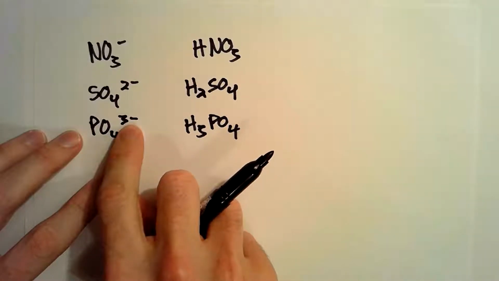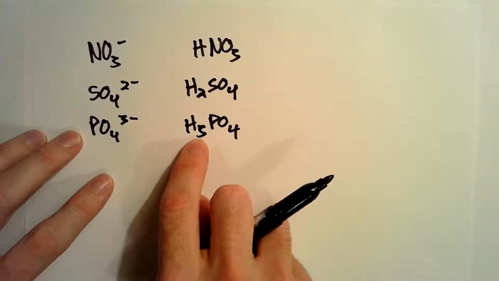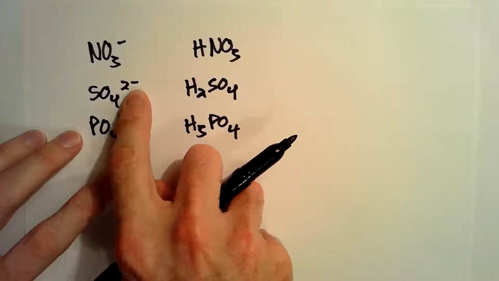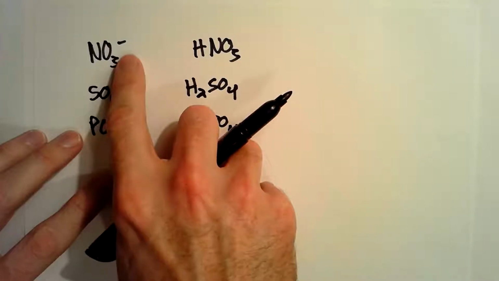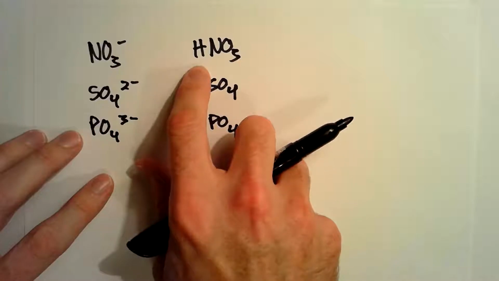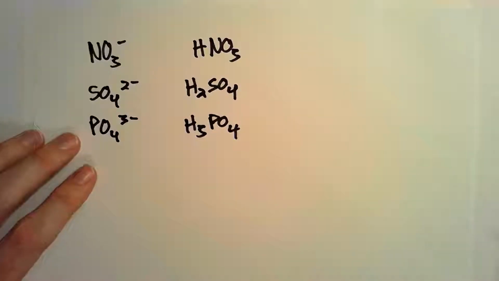There's a 3 minus charge here, so I need 3 hydrogens. There's a 2 minus charge here, so I need 2 hydrogens. And a 1 minus charge, so I need 1 hydrogen here.